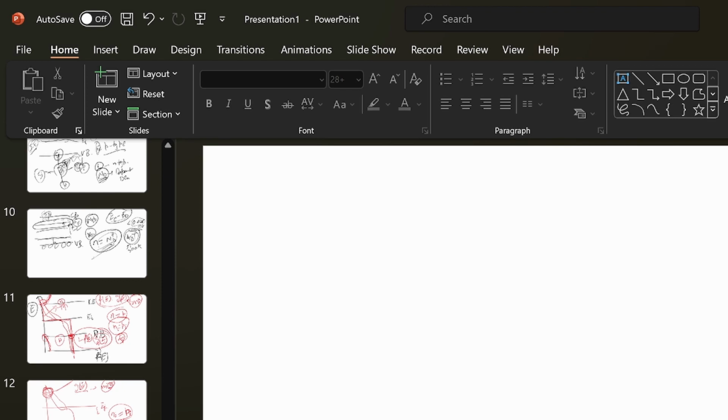Okay, so this exponent should be negative. When will it be negative? Actually, I wrote it wrong in the last slide.